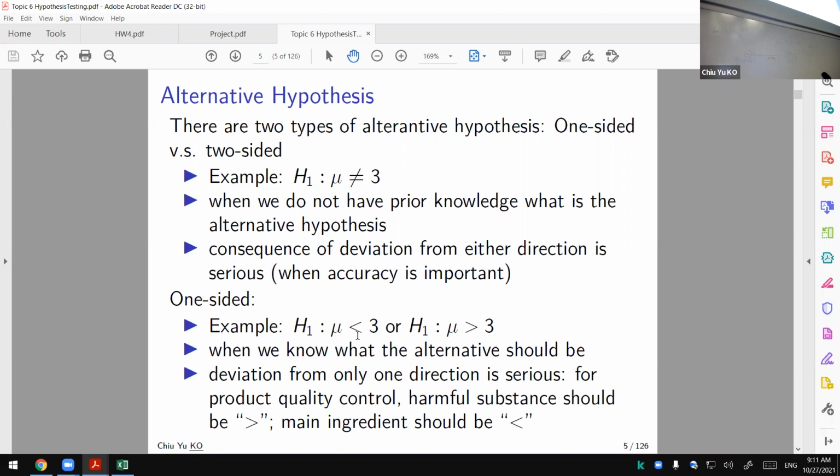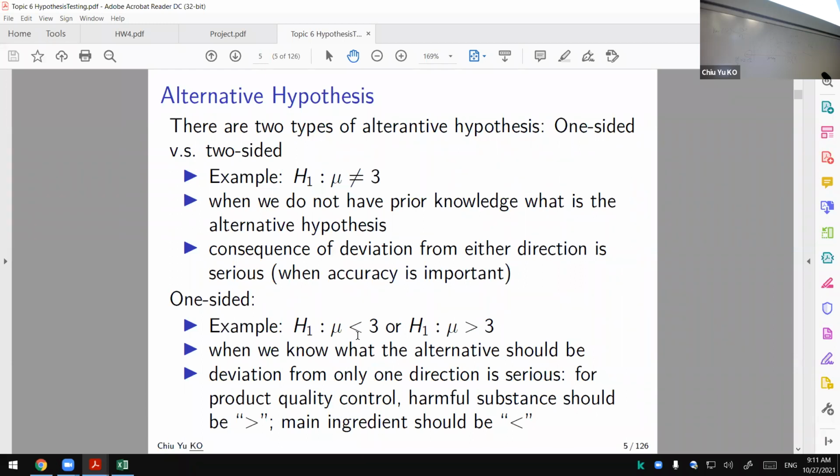What we are doing is whether we are doing a two-sided one or one-sided. So just to remind you, the null hypothesis is always simple, just one number. The alternative can be two different ways, two-sided or one-sided.